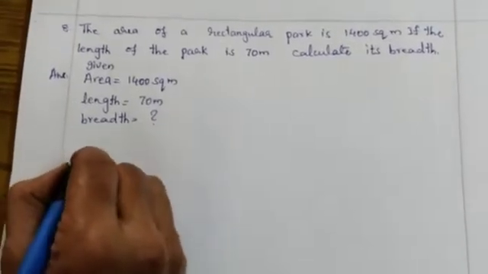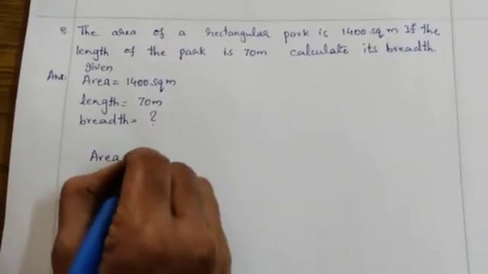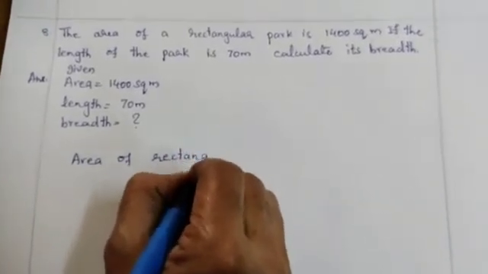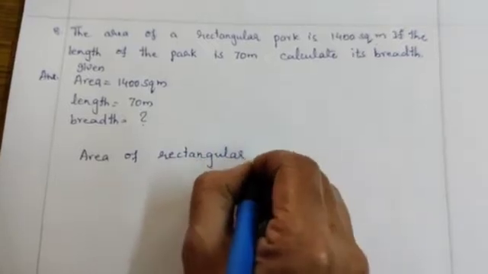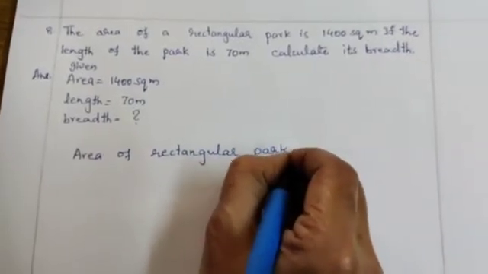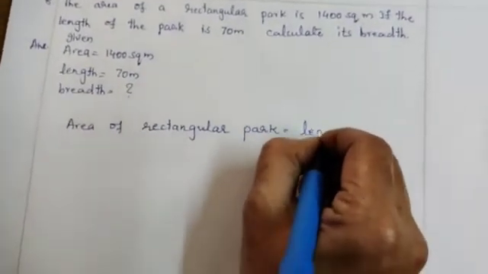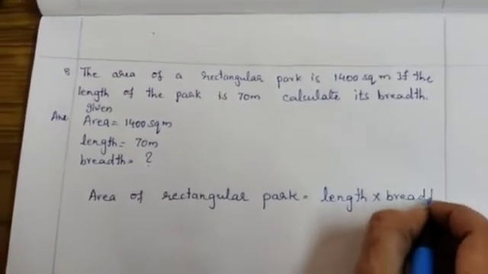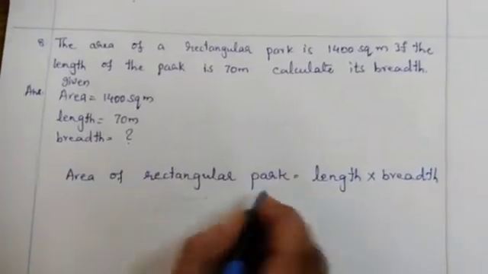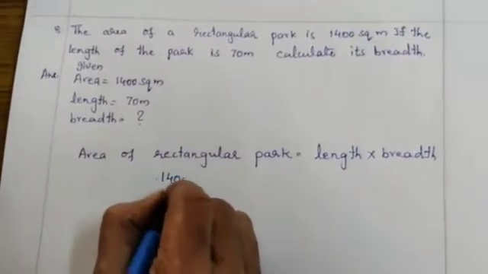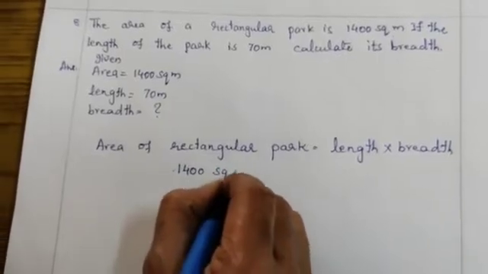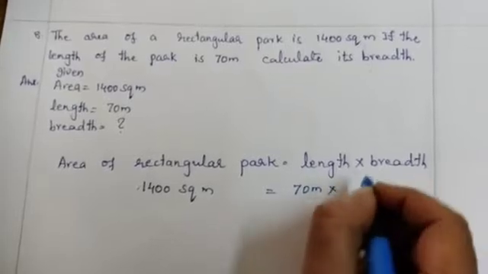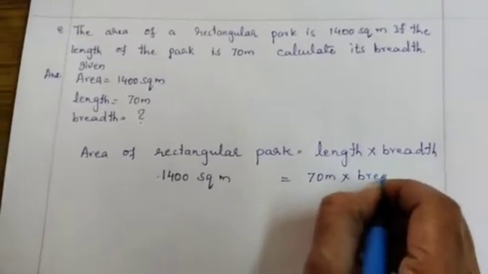Now write: area of rectangular park is equal to length into breadth. Area of the rectangular park is given as 1400 square meter. Then length is 70 meter. Breadth we don't know, we have to find that.